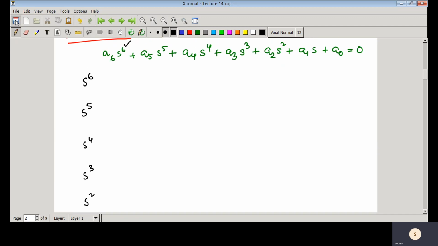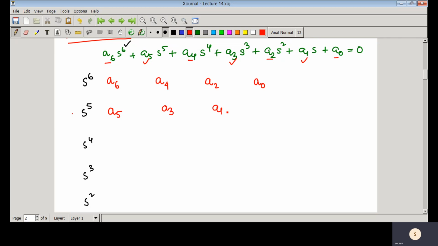Then we write a6, then a4, then a2, and then a0, so basically all the even coefficients. In the next row we write a5, then a3, then a1.